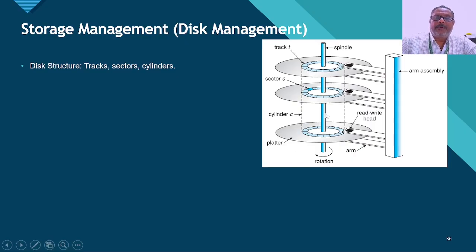It is made up of many disks which are rotated through a spindle, and each disk will have tracks, and each track consists of sectors. So we have a cylinder, then we have a sector. For that particular cylinder, we have one track on each of the platters or disks.